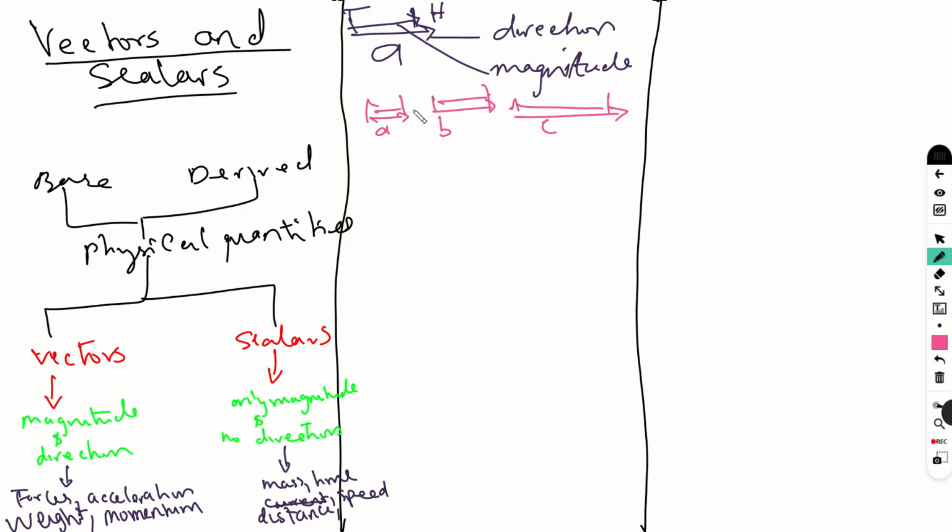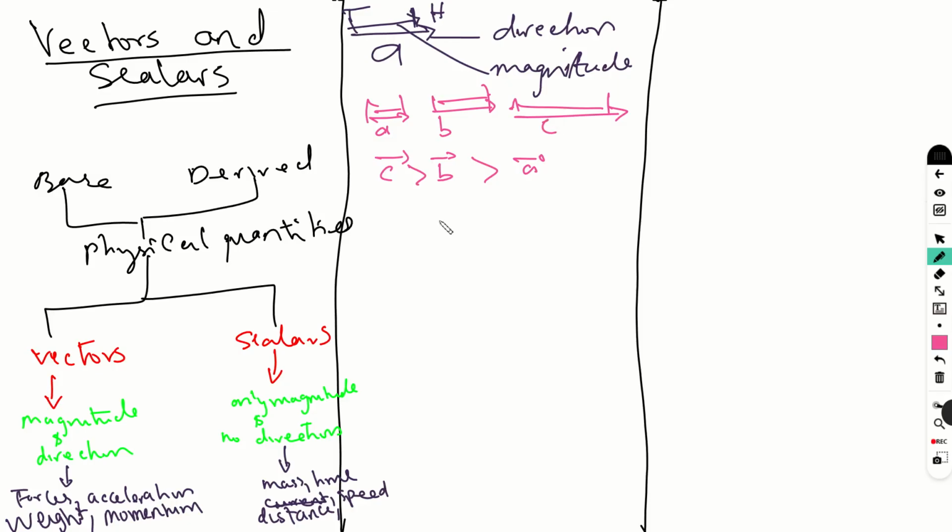So you see that C is greater than B, and B is greater than A in magnitude, because they have different lengths of their arrows. So we say the arrowhead tells you the direction, and the length of the arrow tells you the magnitude.